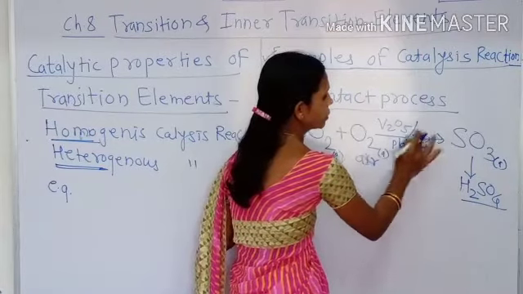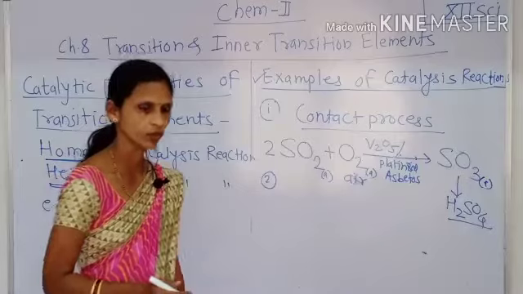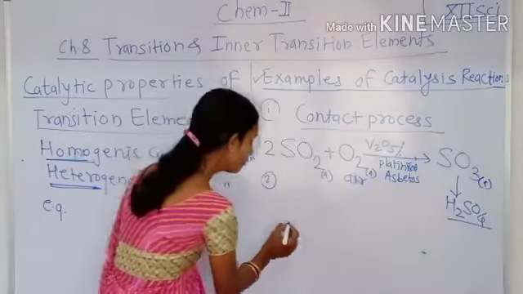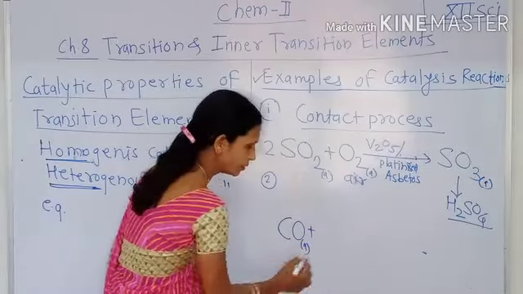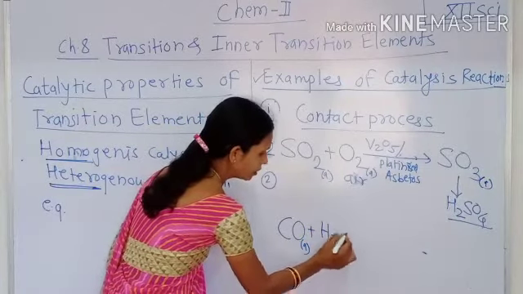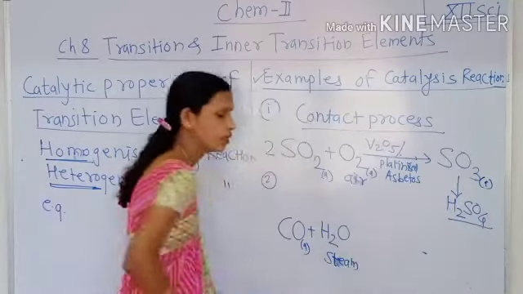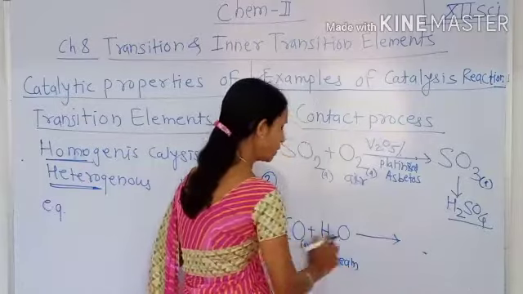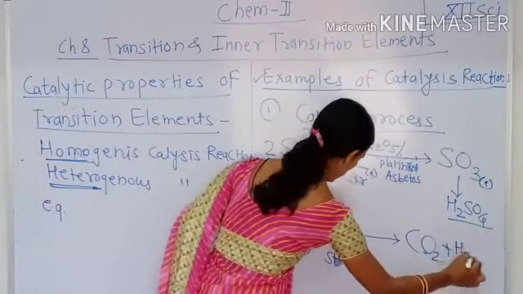Here vanadium pentoxide or platinized asbestos sheet is used. During production of carbon dioxide and hydrogen from carbon monoxide, which is in gaseous state, when carbon monoxide is heated with steam, it is converted into CO2 and H2.